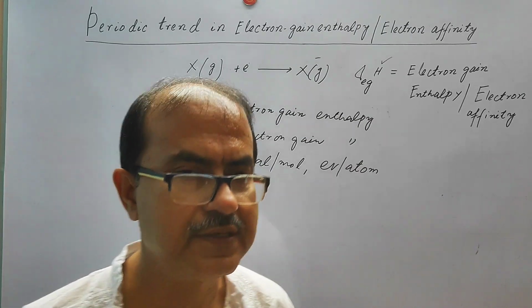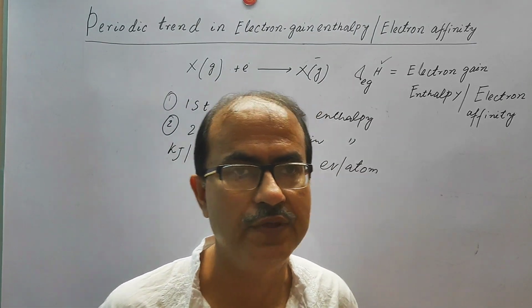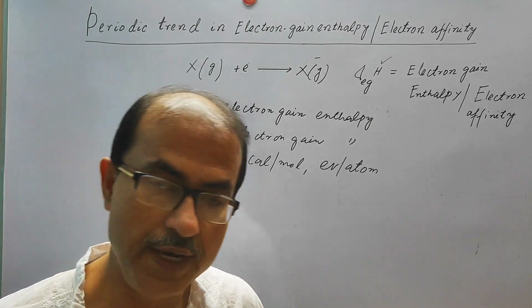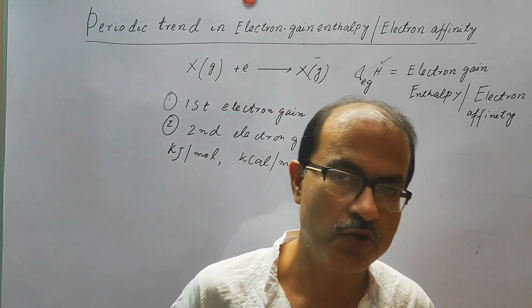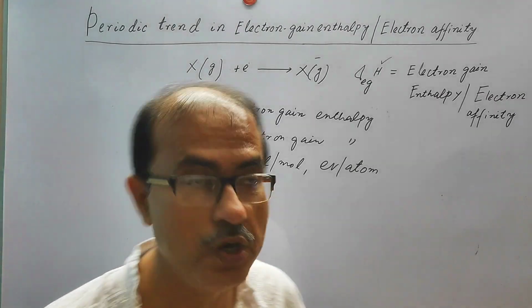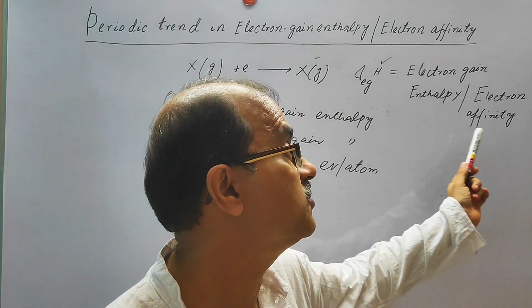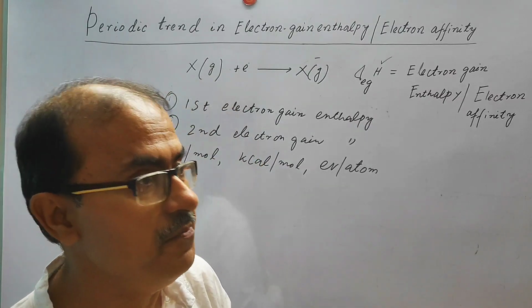So by now we understand what electron gain enthalpy is and what the types of electron gain enthalpy are, when electron gain enthalpy is going to be positive and when it is going to be negative. Another name of electron gain enthalpy is electron affinity, EA.